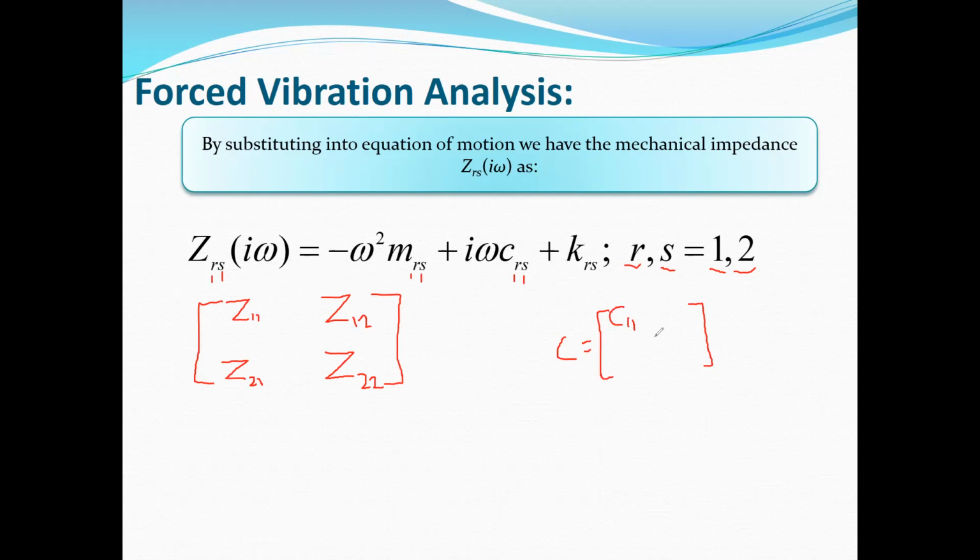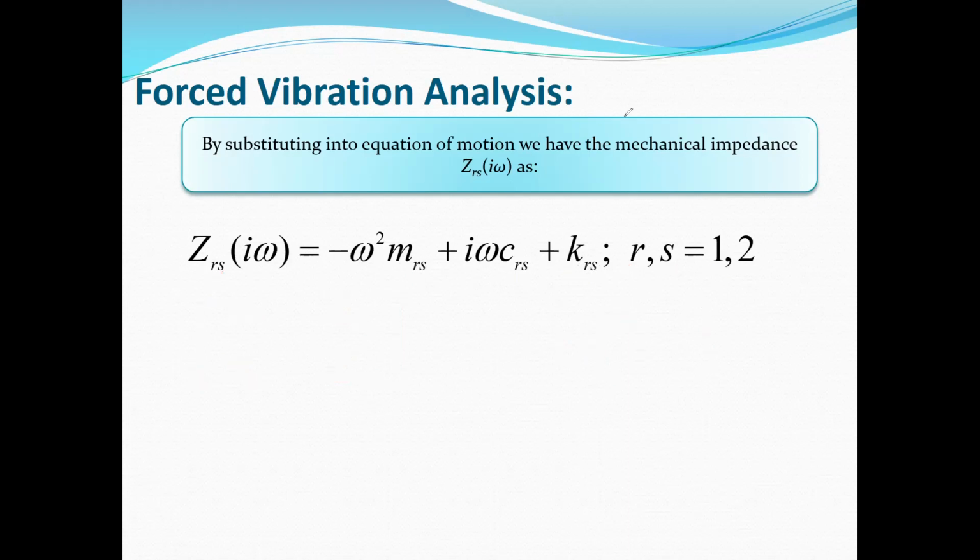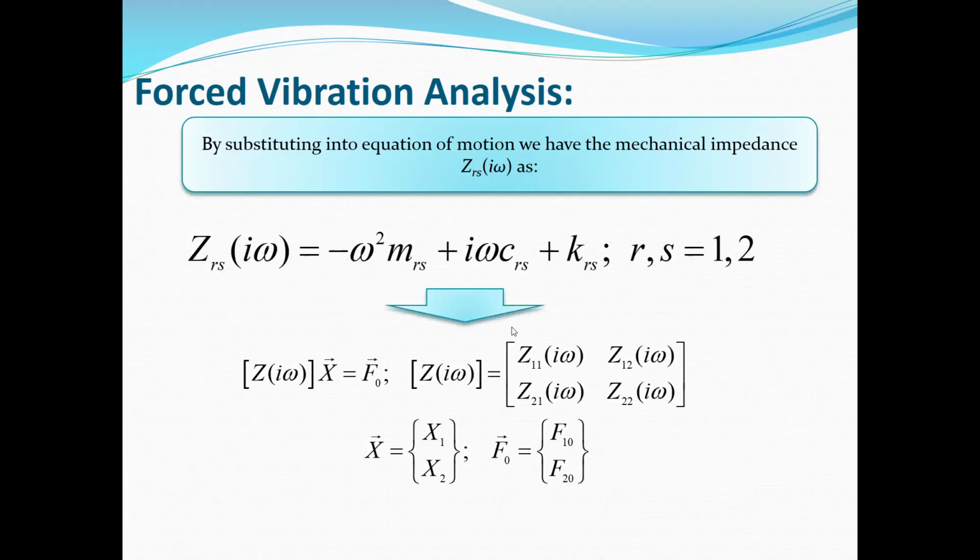And k11 or m11 is again the same, similar to c11. For example, k11 is the first component in the first row and first column in matrix K, and for M we have the same. So we can obtain a matrix which is called mechanical impedance, as I told you.